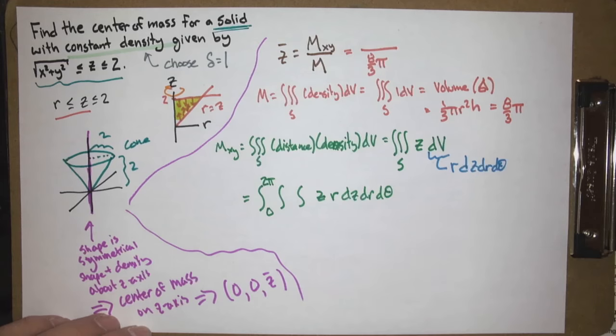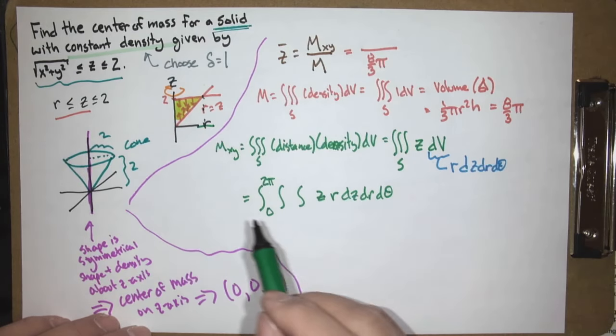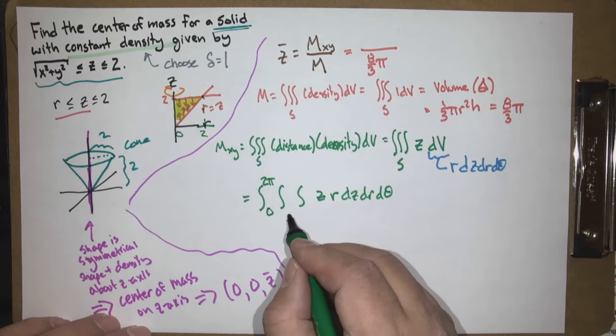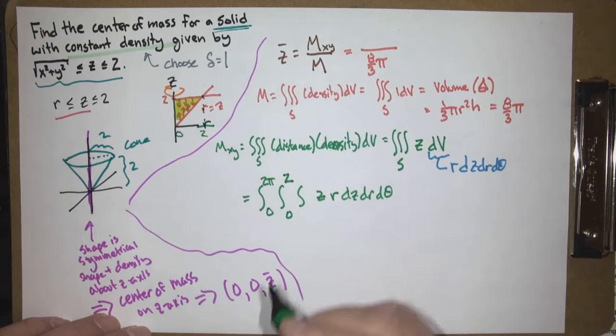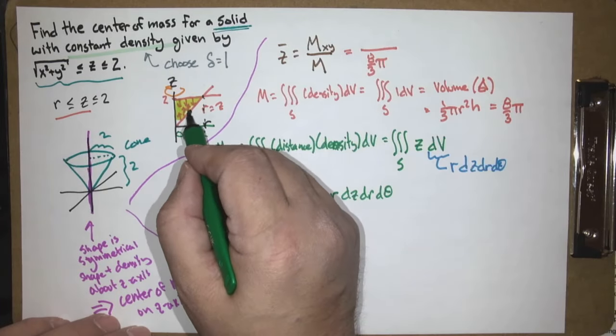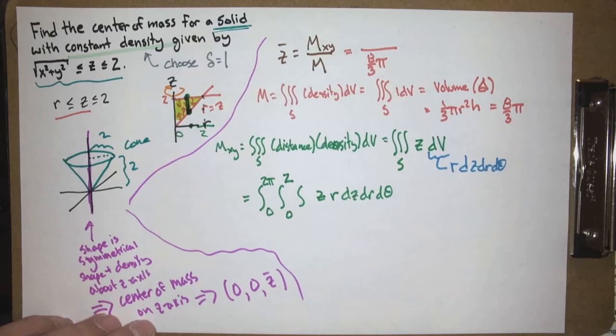All right, now, everything else, come to the RZ plane. What can we say about R? Where does R go from? 0 to 2. Where does Z go from? So pick a value for R. You're going between two curves. What are your two curves?